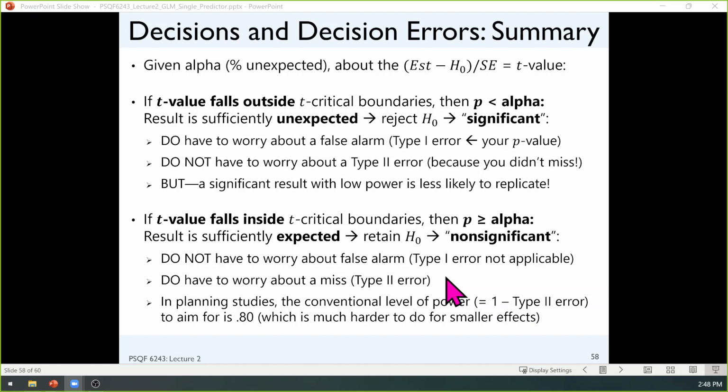So you have to worry about justifying your power whenever you don't find something, whenever a type 2 error is possible. So power and type 2 error are inversely related. 80% power means 20% type 2 error. And that's the conventional level that we're told to aim for.